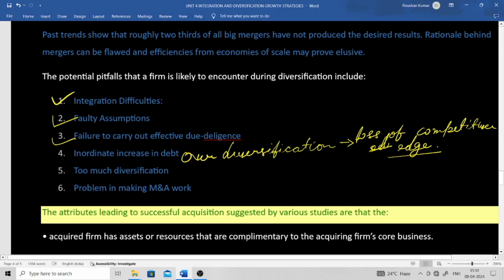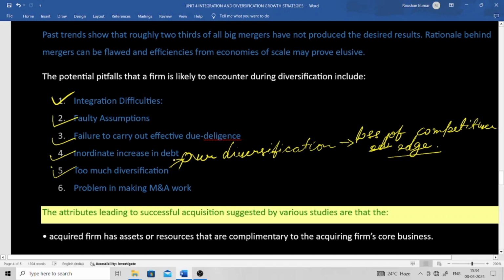Then you have the problem, the fourth one given, too much diversification. So too much diversification, or you can say over diversification, can lead to loss of competitive edge.